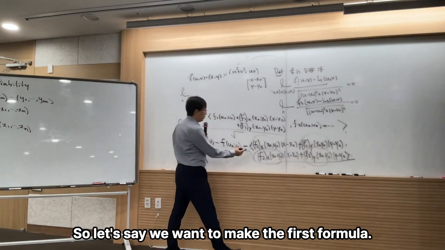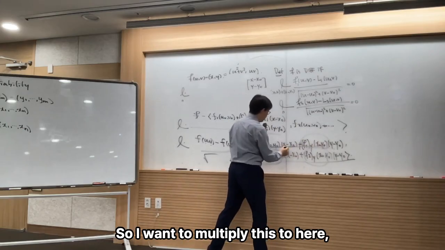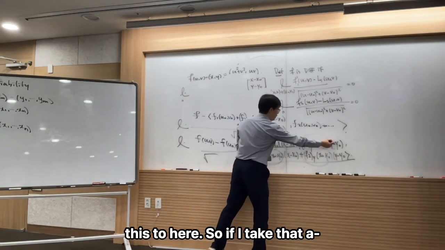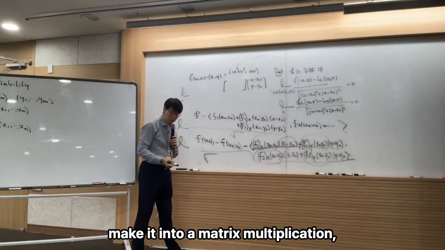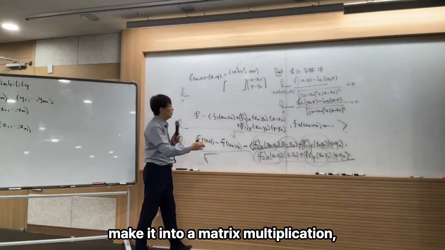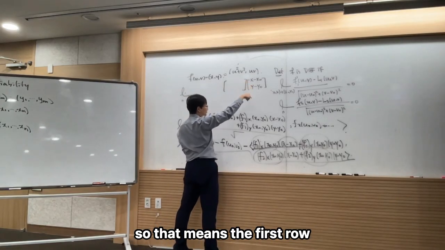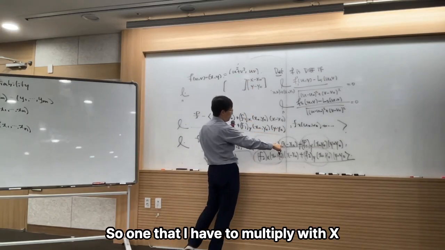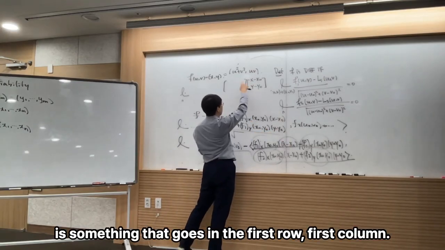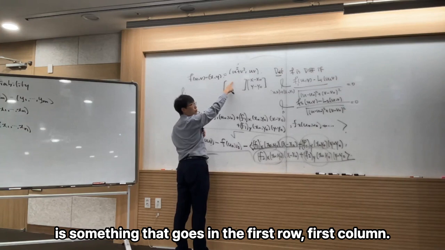So let's say we want to make the first formula. I want to multiply this to here, this to here. If I make it into a matrix multiplication, the first row has to be the first formula. So the one I have to multiply with x minus x0 goes in the first row, first column.